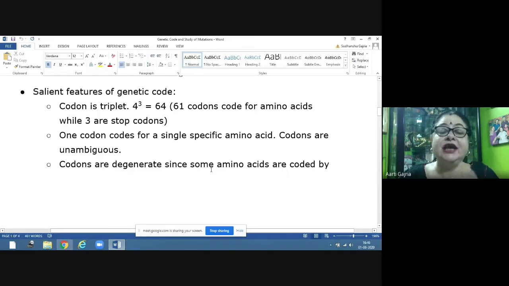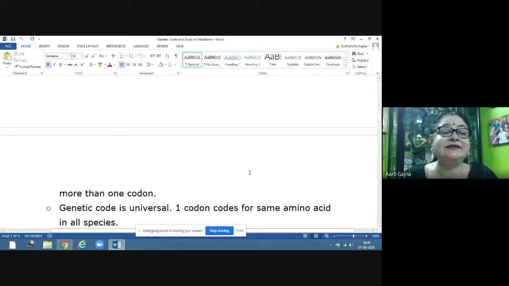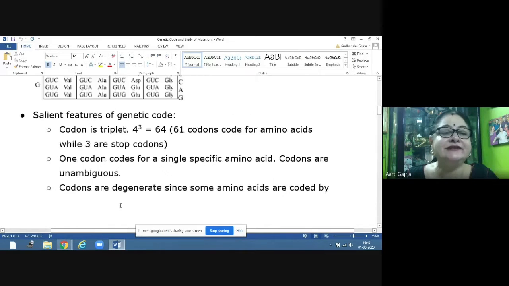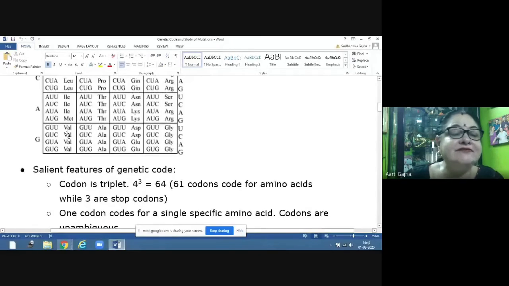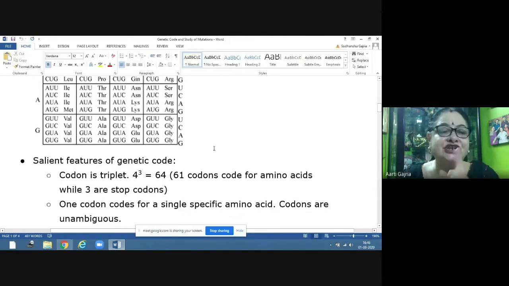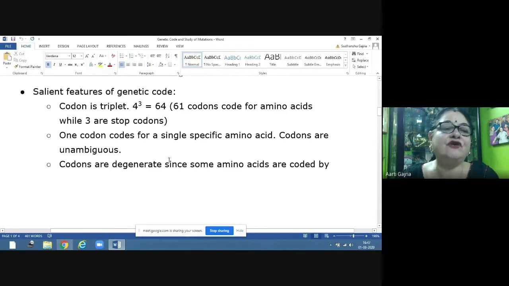The second property of codon is that these codons are degenerate. Degenerate means some amino acids are coded by more than one codon. That means, see here, this valine is coded by GUU, GUC, GUA, GUG. That means all 4 are coding for valine only. So this property is called degenerate.